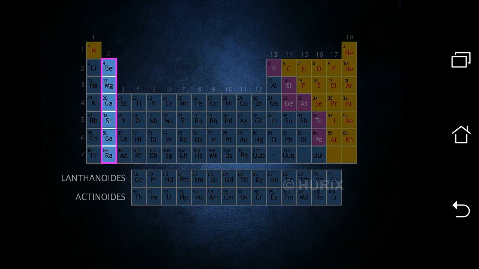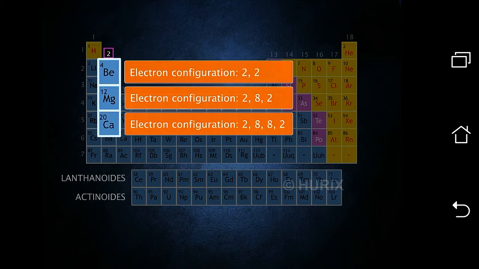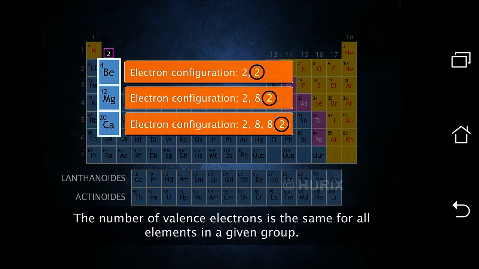Shall we see if the elements of group 2 share a similar property? Let's look at the electronic configurations of beryllium, magnesium, and calcium. These elements each have 2 valence electrons. What we have observed is that the number of valence electrons is the same for all elements in a given group.